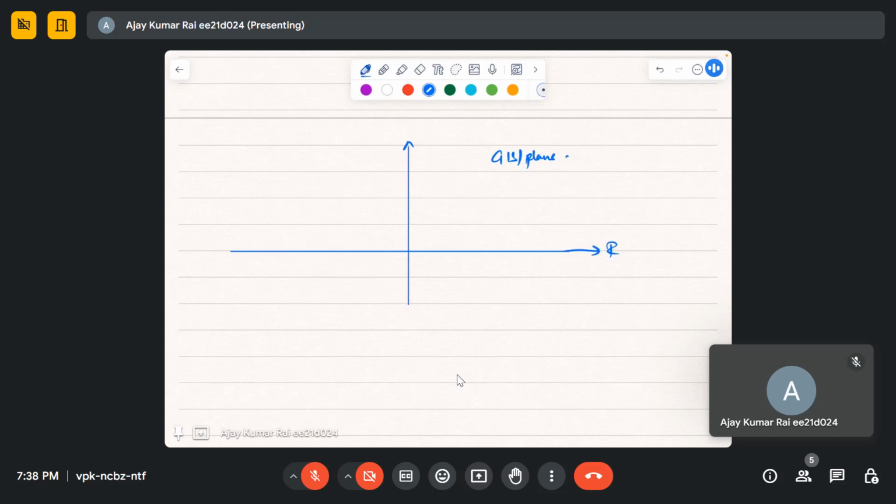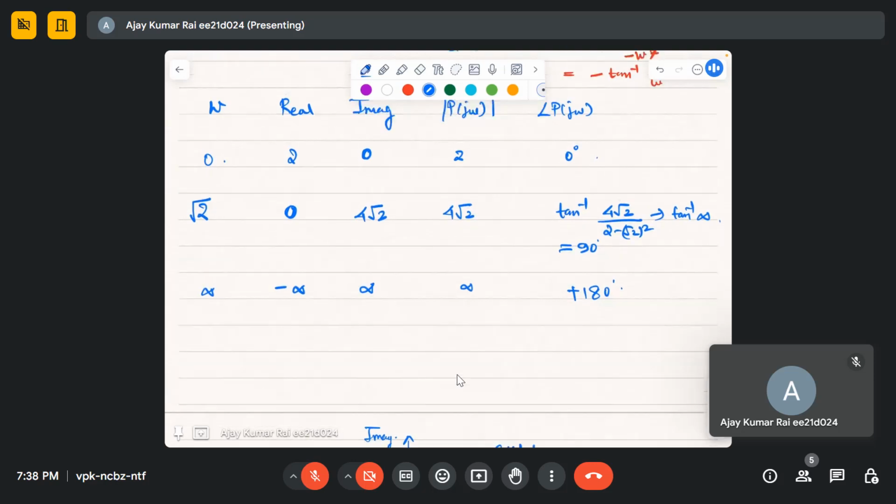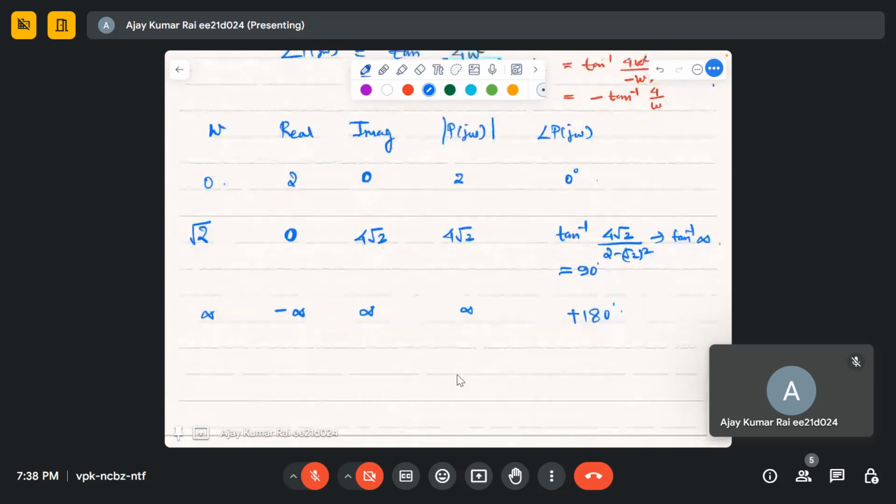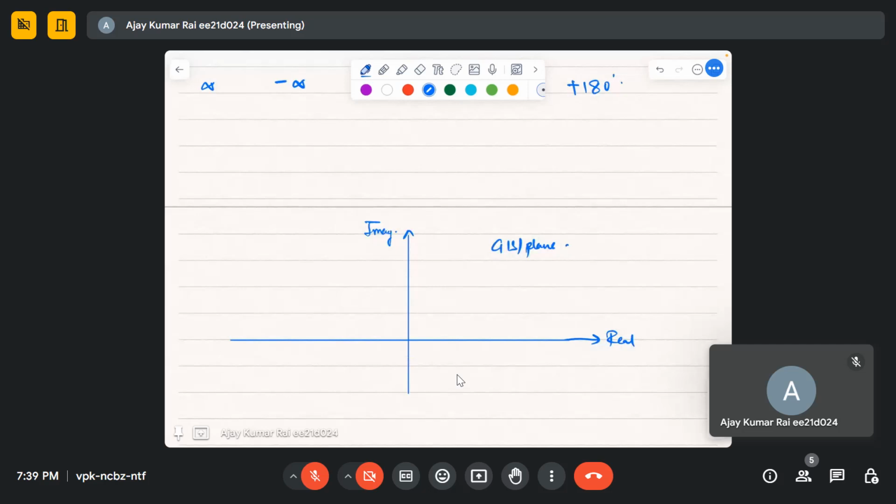What is the first point? Real 2, this point here.